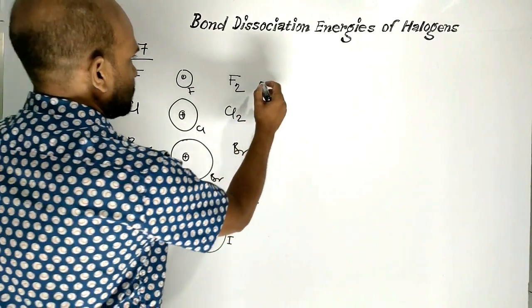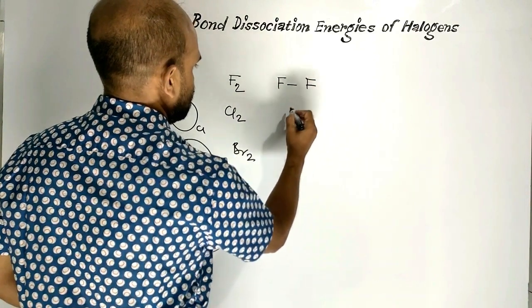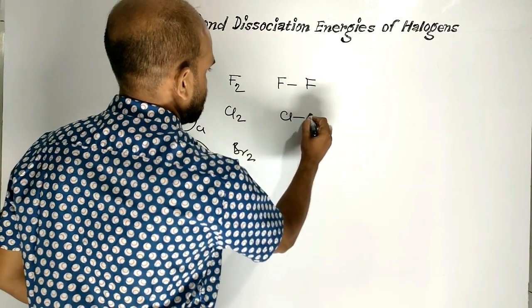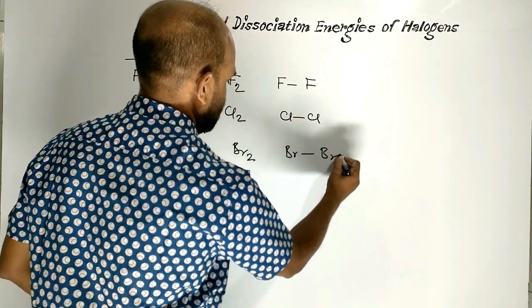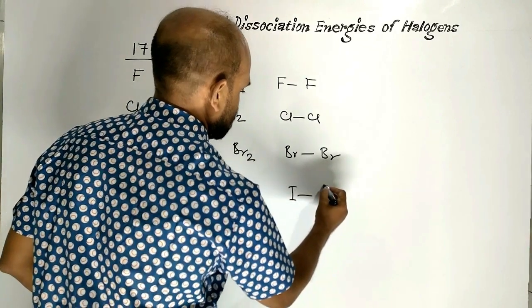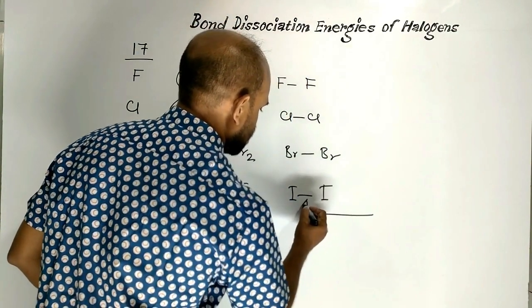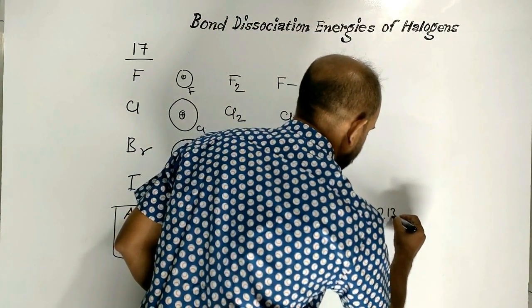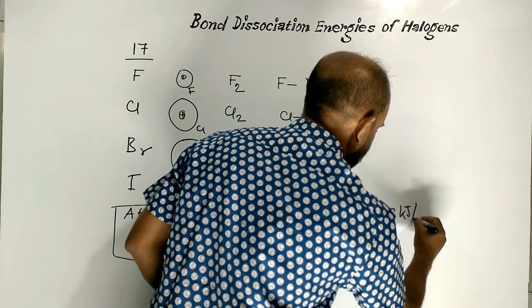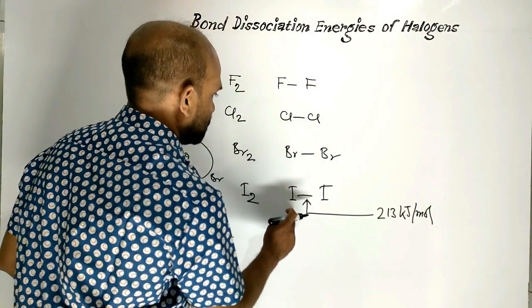These molecules can be shown in this way: fluorine, chlorine, bromine, iodine. Bond dissociation energy of the iodine molecule is 213 kilojoule per mole.